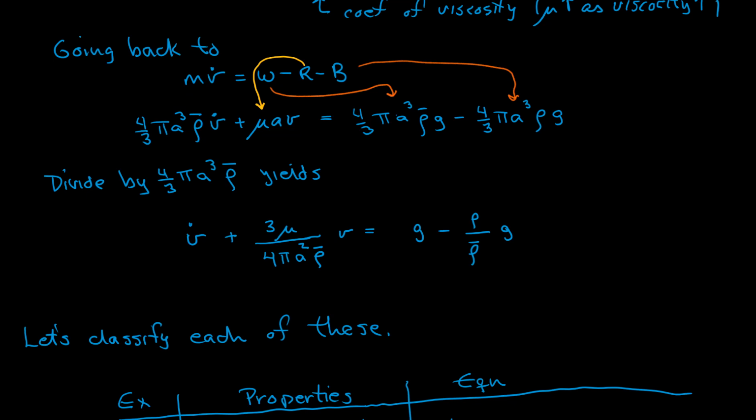So there's that. Now what I'm going to do is move the resistance to the left-hand side. The reason for that is I want to get all of my terms that involve V or some derivative of V on one side and the terms that do not involve V on the other side. So I'm just setting it up to be in a form that's more reasonable for a differential equation.